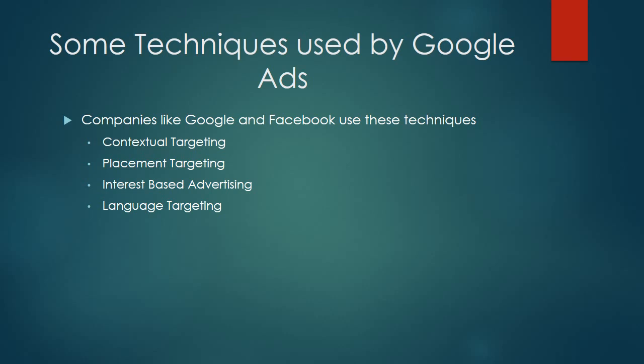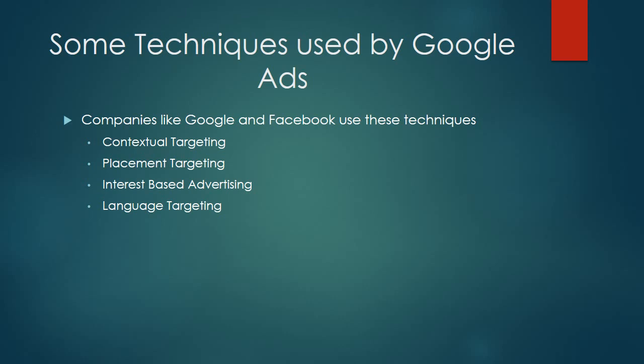Based upon those things, you could assume what that web page is about, and based upon that you could actually put ads of the nearest skate shop to get that person viewing the web page to go to that website.